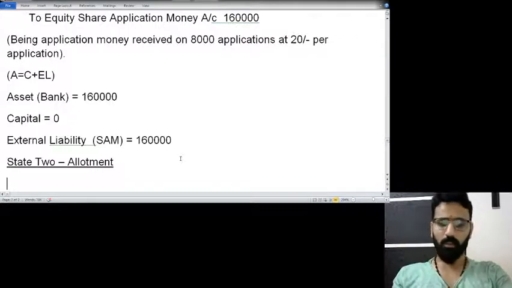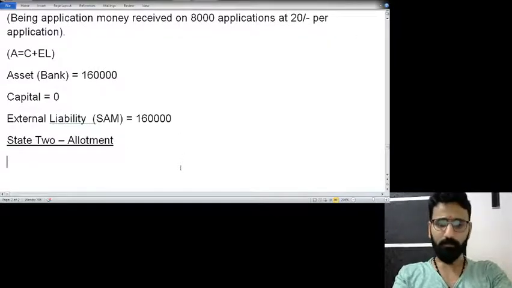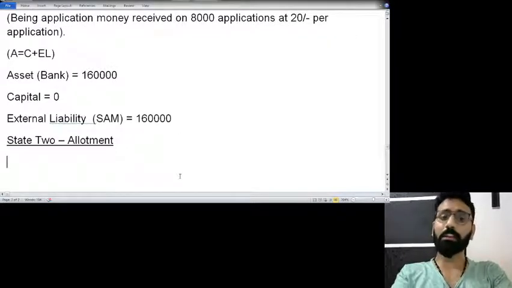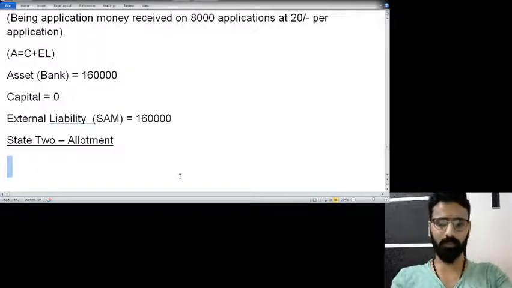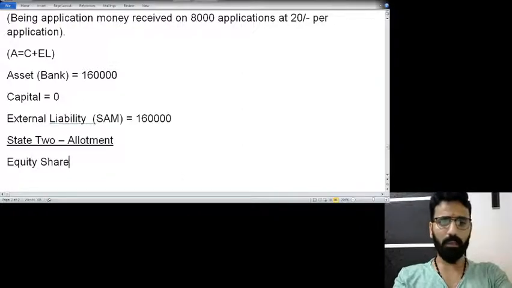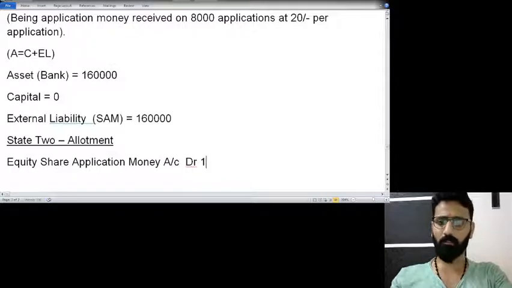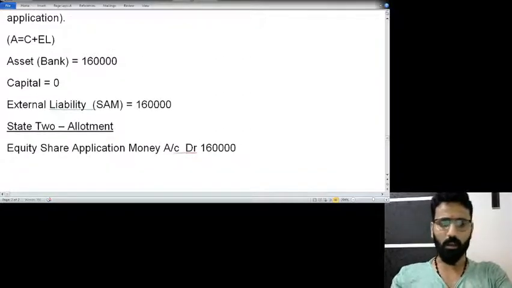See, allotment means what? Converting your application money into capital, because I confirmed you guys. So the entry will be equity share application money account, debit 160. Now I confirmed all of you as my shareholders.